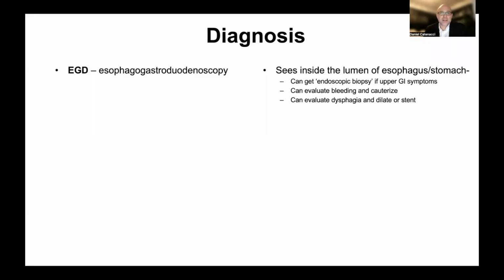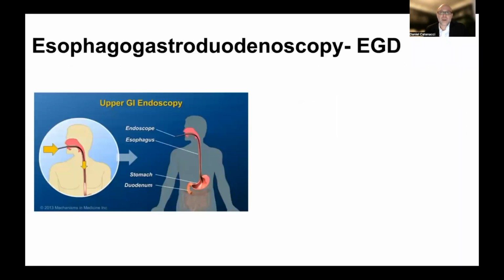If there's bleeding, the endoscopist can do something called cauterization to burn it off and prevent slow oozing. They can also, and we'll talk about in later videos when we talk about palliative therapies, dilate the narrowing in the esophagus or in the stomach, and or add a stent to prop that area open. So there's a number of different things from diagnosis to treatment that an upper endoscopy can do.